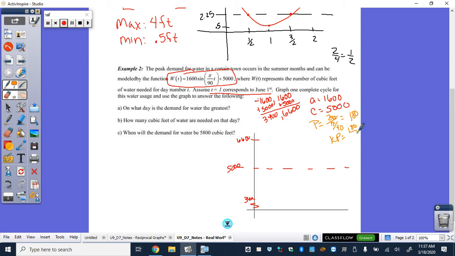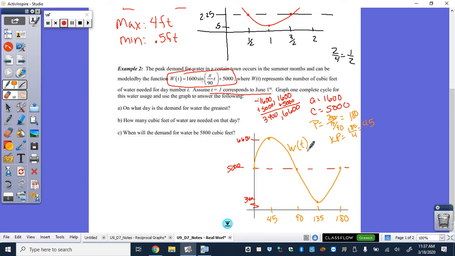Key points, 180 divided by 4 is 45. 45, 90, 135, 180. There's the key points on my graph. So then to actually create it, again, this is sine. So this is going to start at 0, high, 0, low, 0. So there is our curve W of t.